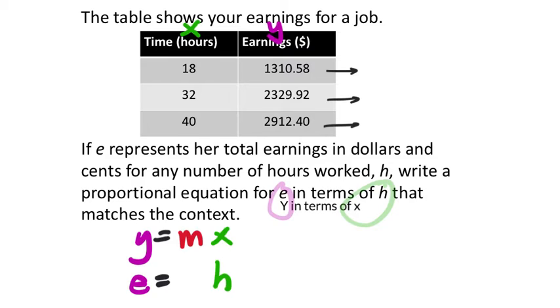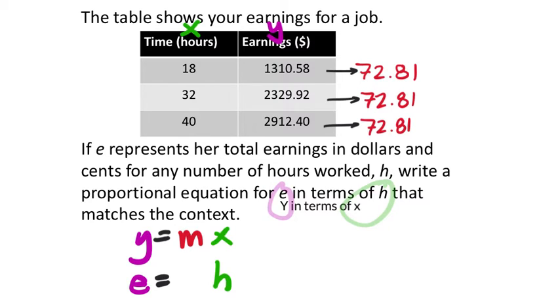So over here, without having to show the work, because I hope you guys had enough time to do that, I did in my calculator 1,310.58 divided by 18, and it gave me 72.81. In fact, it did the same thing for these other two as well, okay? So this was just to prove that the table actually is proportional by taking my earnings divided by hours all 3 times.